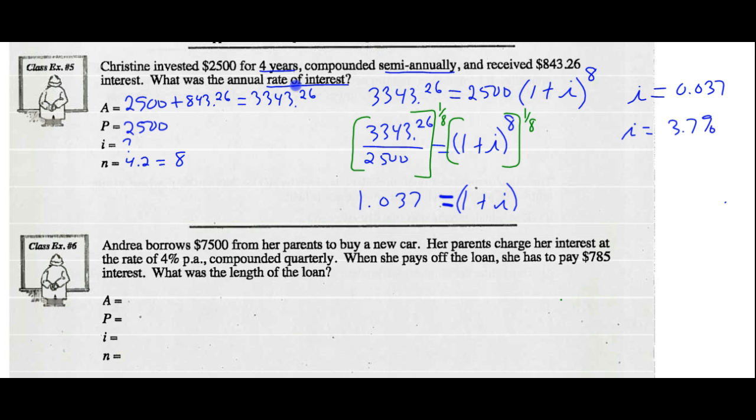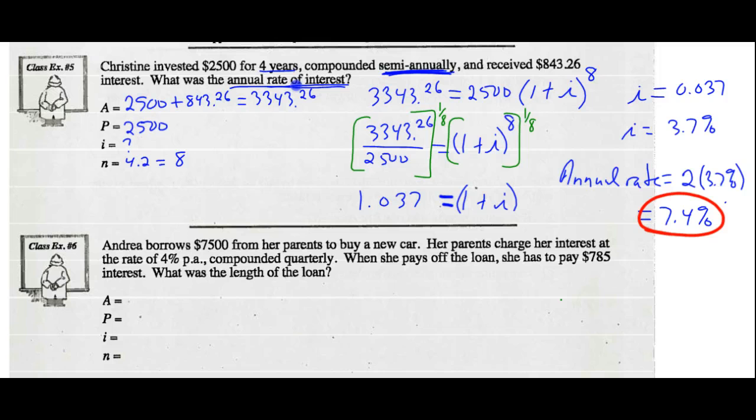But we know it's compounded semi-annually. So the annual interest rate should be 2 times I. So the annual interest rate will be 2 times 3.7%. So that'd be 7.4% as an annual interest rate. Excellent.